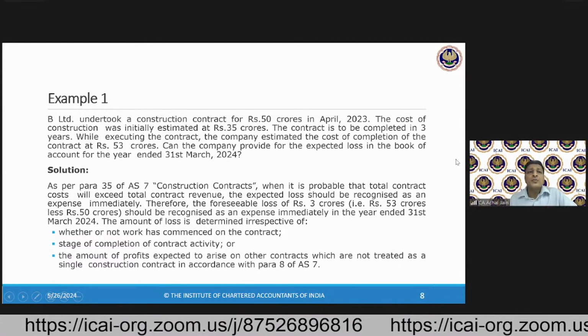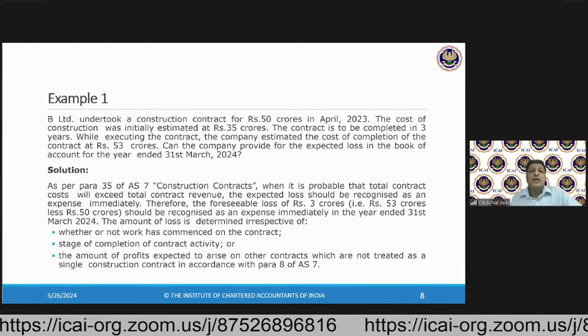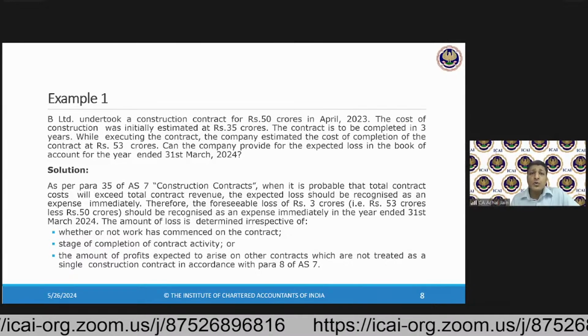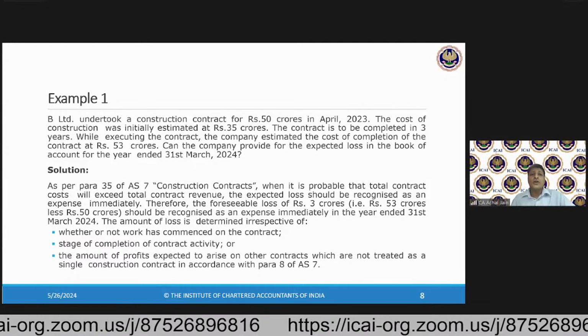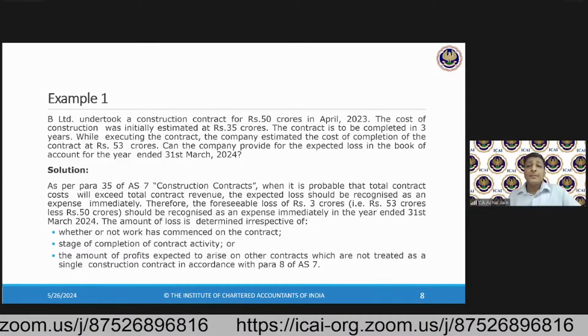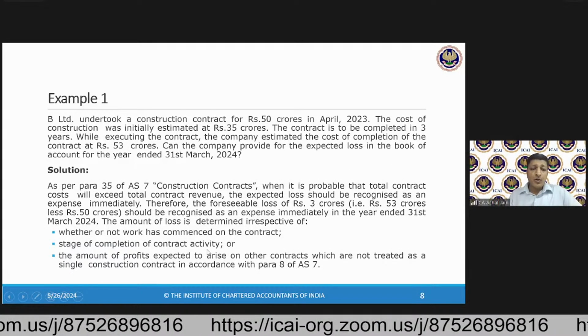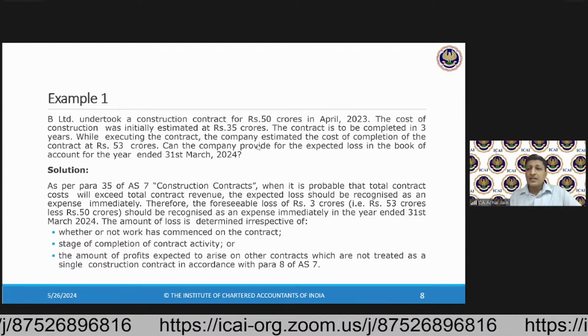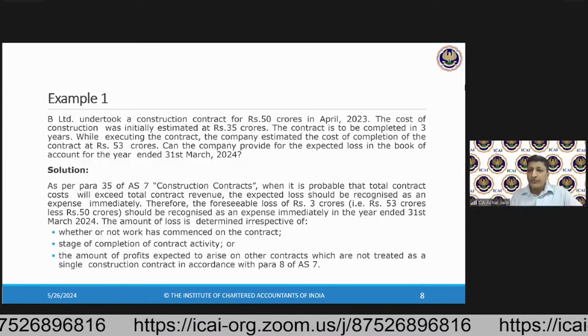The contract is to be completed in 3 years. While executing the contract, the company estimated the cost of completion of the contract at rupees 53 crore. Can the company provide for expected loss in the books of accounts for the year ended 31st March 2024?